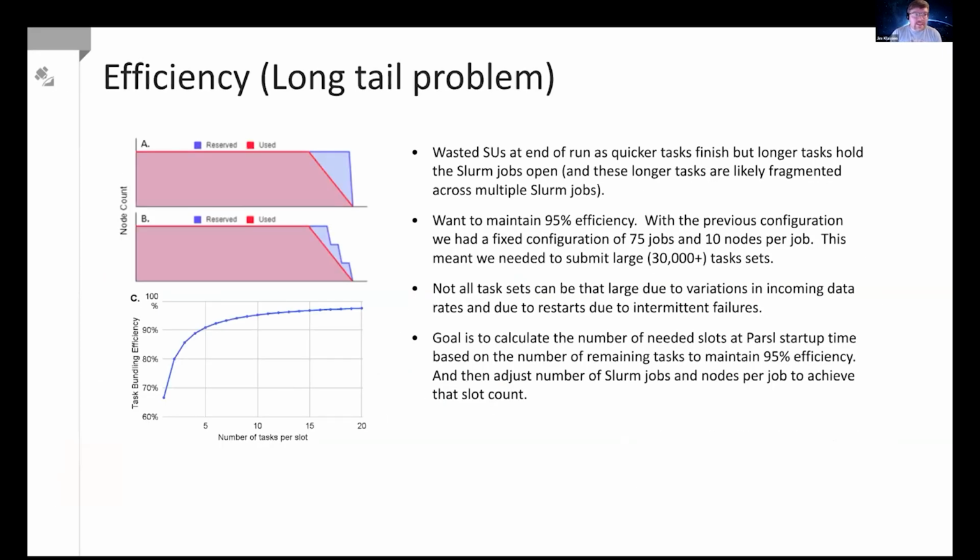So this comes with a problem though, because not all of our tasks take the same amount of time to finish. And I think Dan Katz was the one that named this the long tail problem. As tasks finish up, they leave the rest of that reservation empty.